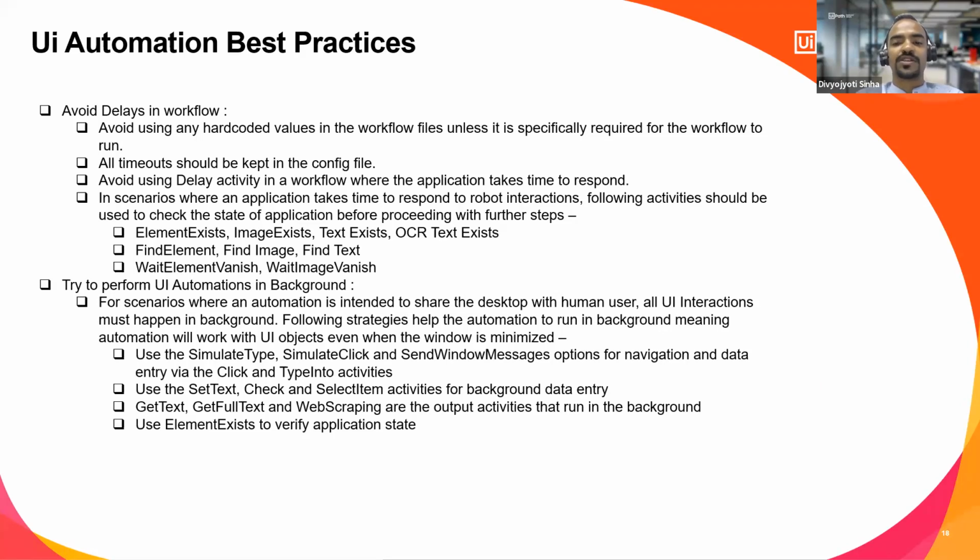Those kind of activities usually run in the foreground. Also, you need to ensure that use element exist wherever necessary to verify the application state before proceeding to the next steps in the automation. That way, your automation will be dynamic and you will be able to perform the automations in a seamless manner.